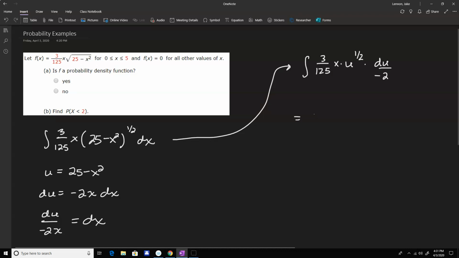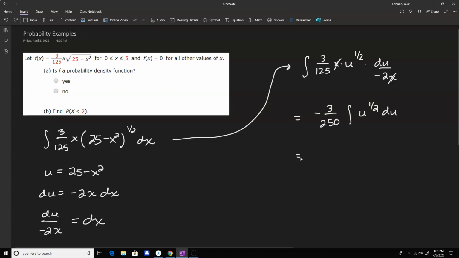So we can bring that constant out in front. Again, this will end up as negative 3 over 250, just multiplying those numbers. And the x cancels with this x right here. And then we get the integral of u to the 1/2 du.